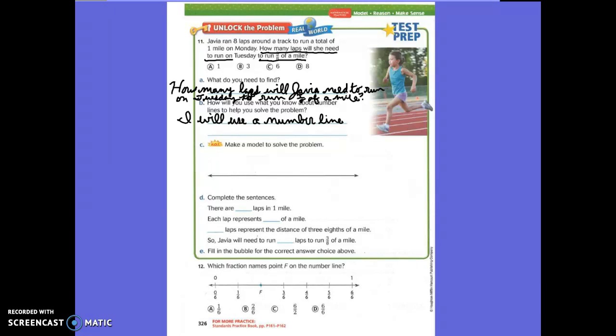Not how many she ran, just count how many laps. How many laps? Not in 8, because we're not doing a whole mile, we're doing 3/8 of a mile.